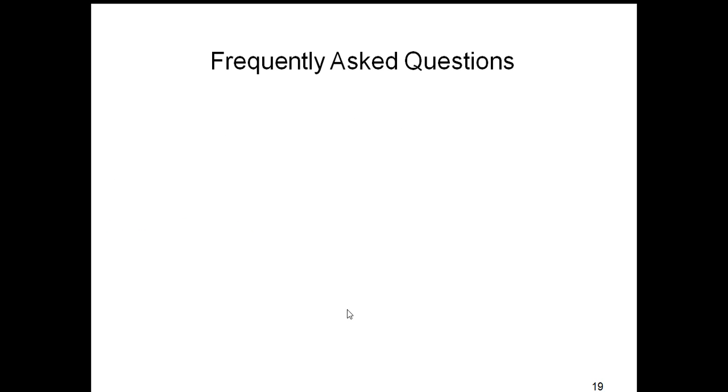Now let us see some frequently asked questions. List the types of DC motors. Means we have to write all the self-excited motors and separately excited motors.